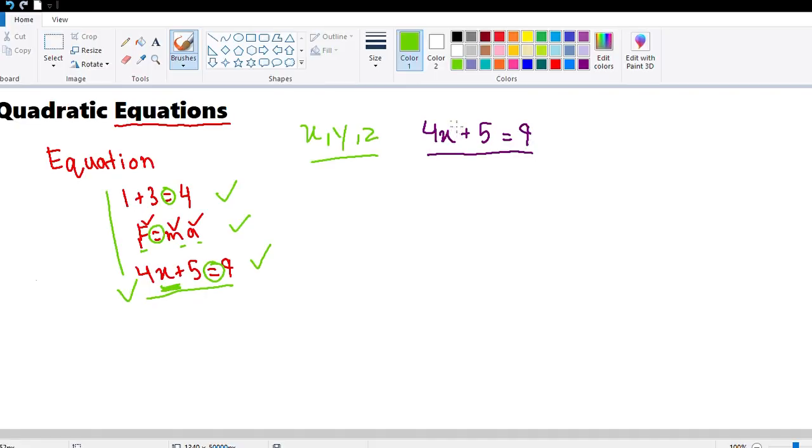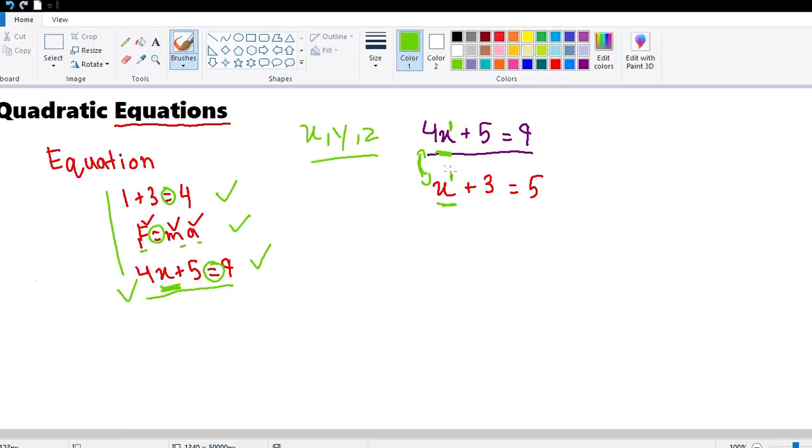Well, because the power of x right here is 1. Let me write another example for you, like x plus 3 equal to 5. The only thing in common in both of these is that they both have x. The power of x is 1 in both of them. And so these are linear equations.